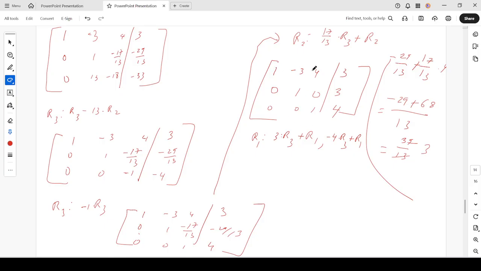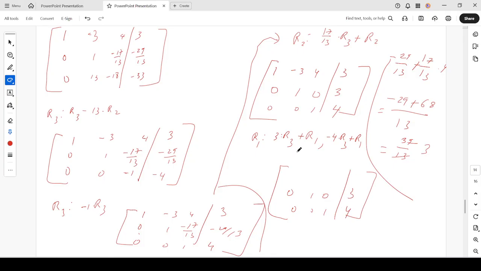So let's finish one thing first, because that's not going to change 1. So second and third stay the same. Nothing will be changed.